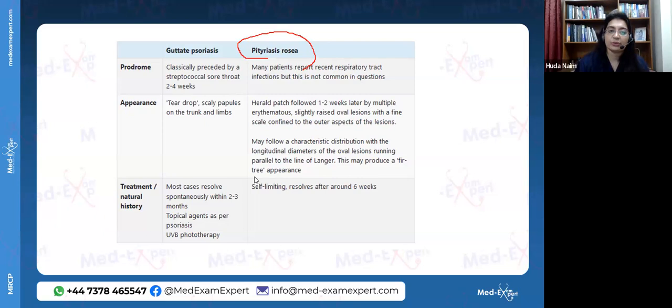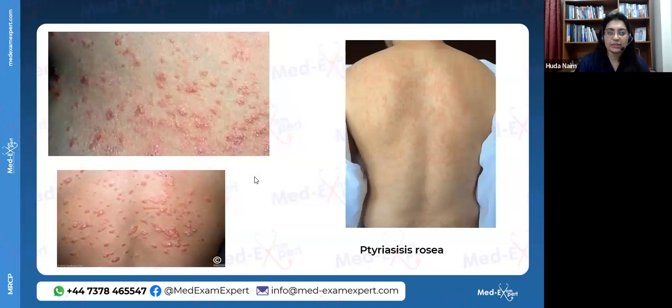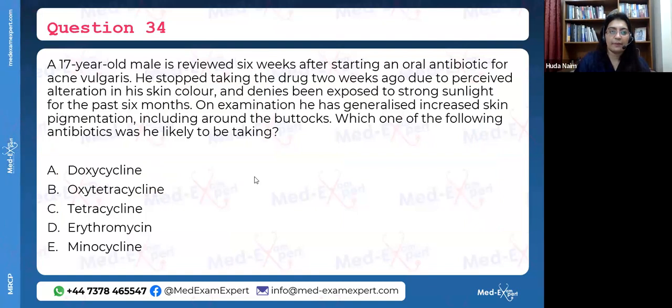So this is what guttate psoriasis looks like. So these are the teardrop kind of lesions. Okay. And pityriasis rosea, this is what it looks like. It looks like a fir tree kind of appearance, a light pink colored rash, but it's just more widespread. Okay.